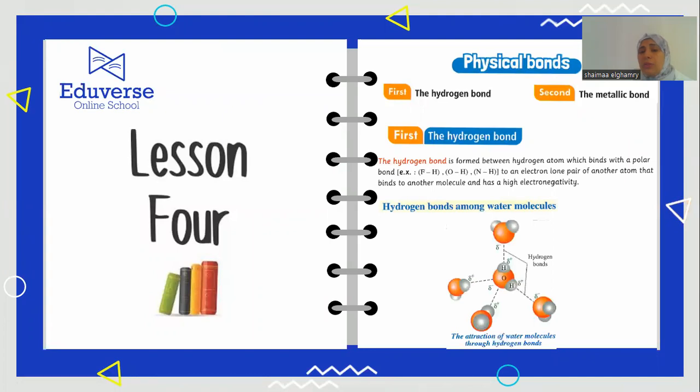Okay, hydrogen bond between water molecules. A water molecule contains oxygen and hydrogen. So there is a hydrogen bond which is formed between the oxygen of one molecule and the hydrogen of another molecule.